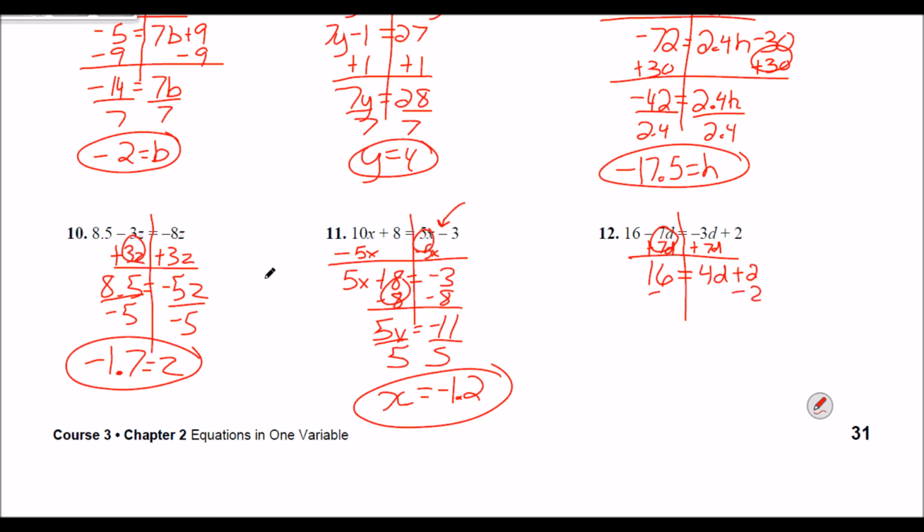We then subtract 2 on each side to give us 14 equals 4d. I want to divide by 4 on each side, and we end up with 3.5 for our final answer. And that wraps up our notes on 2.4 with equations on both sides.